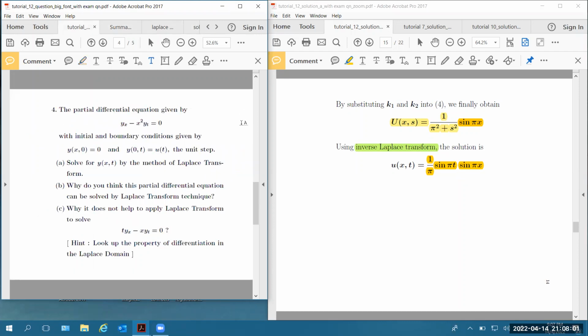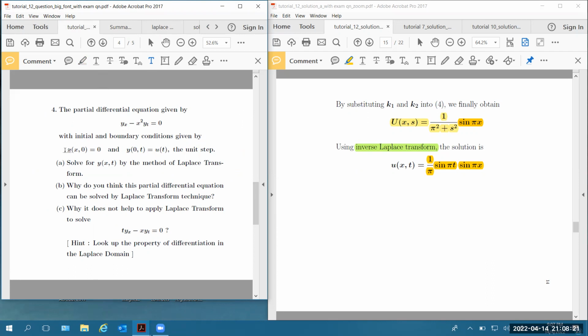So this is actually the next question. The partial differential equation is given by this, with initial and boundary conditions given by this one and this one. There are 2 conditions.